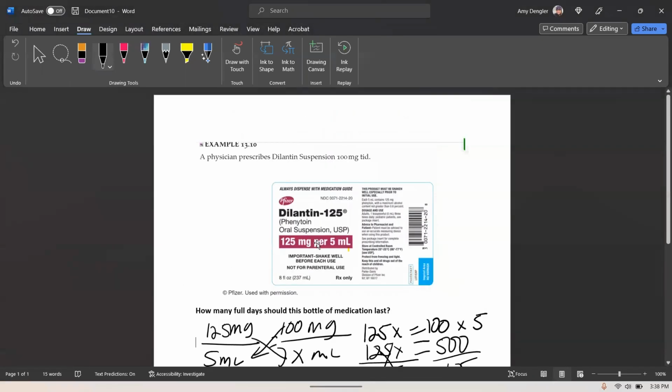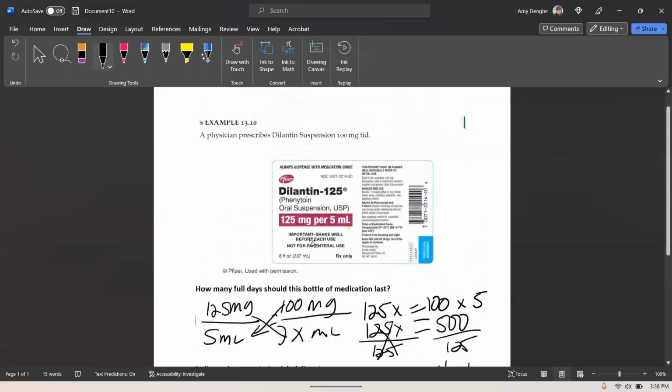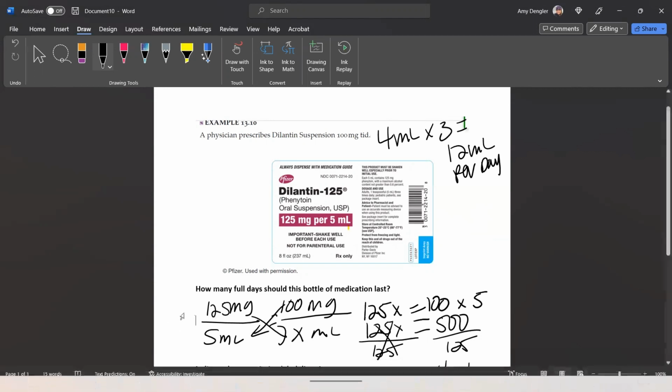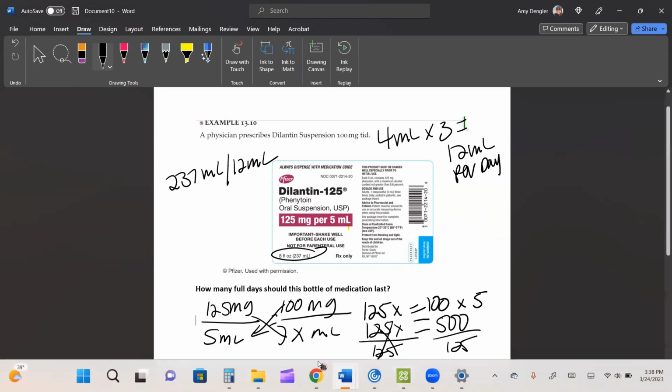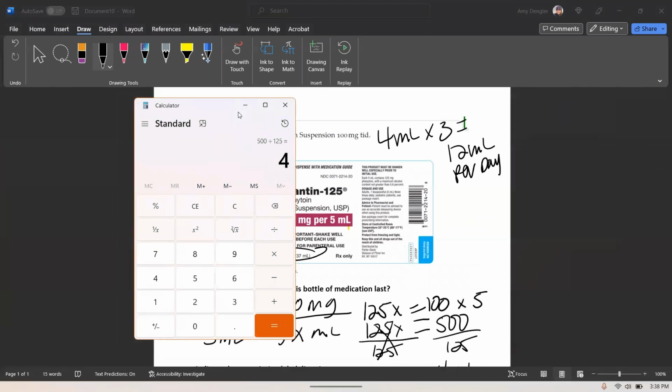And they're doing that 4 ml 3 times a day. So 4 ml times 3 means that they're using 12 ml per day. So then we would just take the amount that's in the bottle, so 237 ml, and we're going to divide that by 12 ml to find out how many full days we would have.